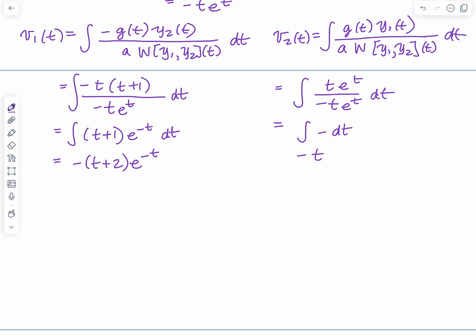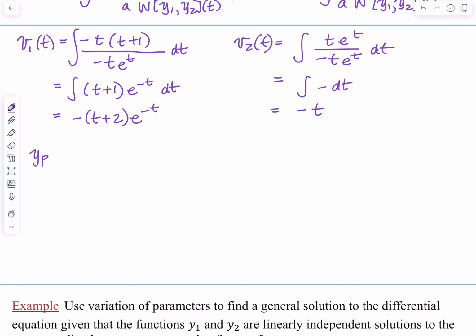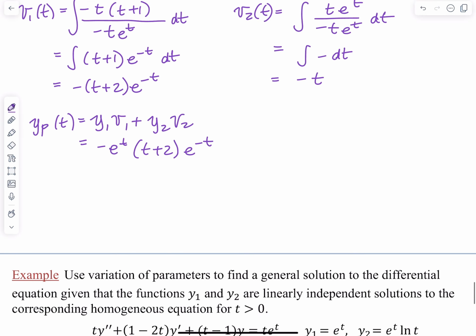So now that we have our v1 of t and v2 of t, our two functions, we can come up with our particular solution, which is going to be y1 v1 plus y2 v2, which is equal to the opposite of e to the t, t plus 2 e to the negative t, minus t plus 1 t.